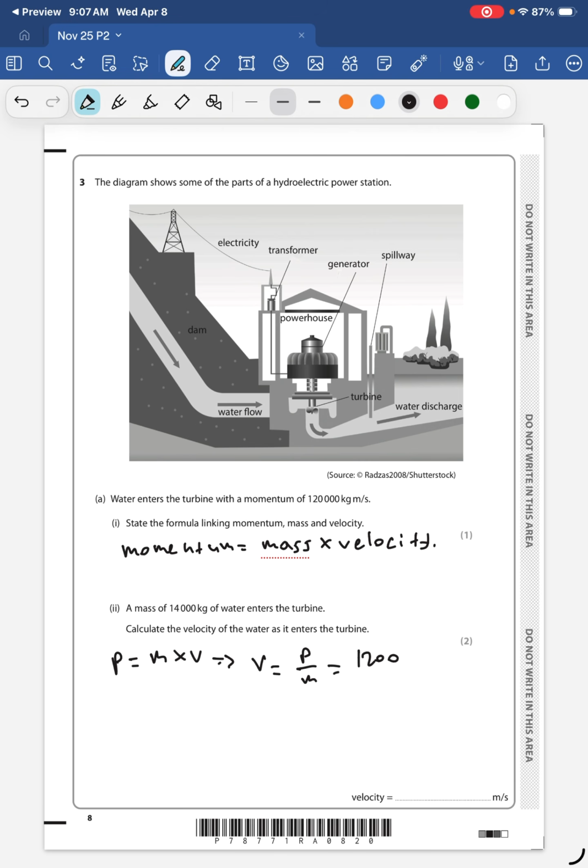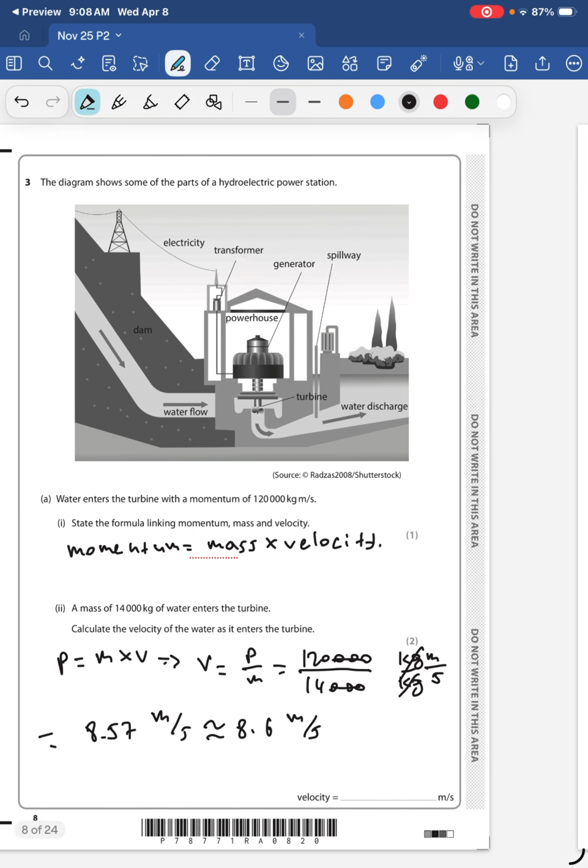So 120,000 over 14,000. These zeros cancel. Momentum is given in kilograms times meters per second, and in the denominator we have kilograms, so kilograms cancel. And we find 8.57 meters per second, which is about 8.6 meters per second.